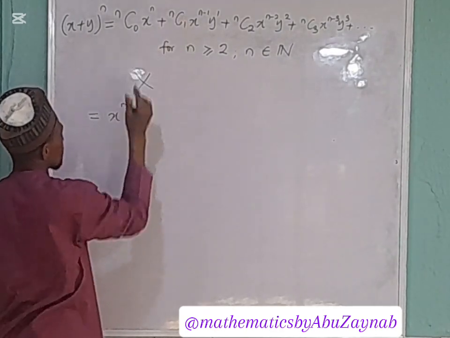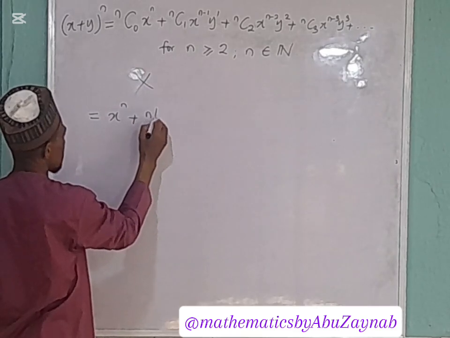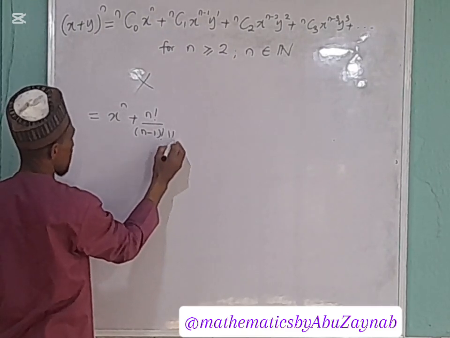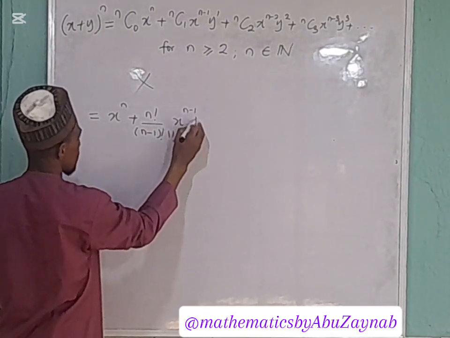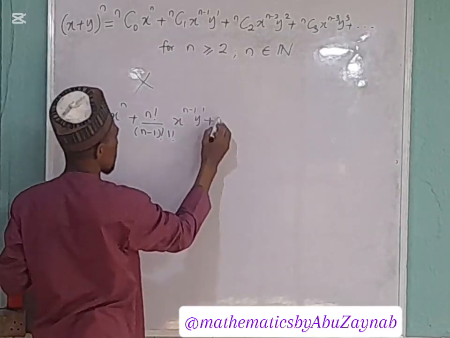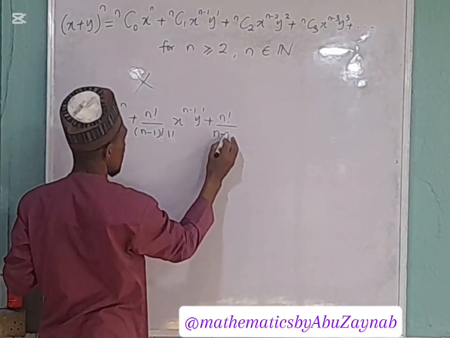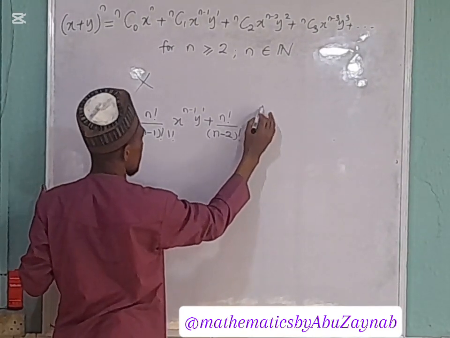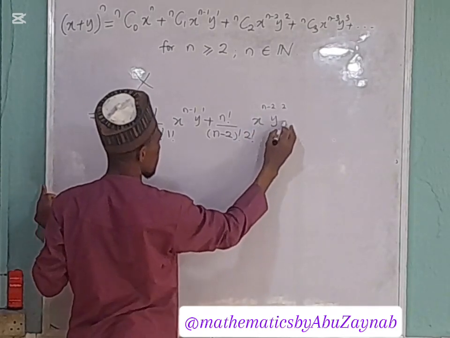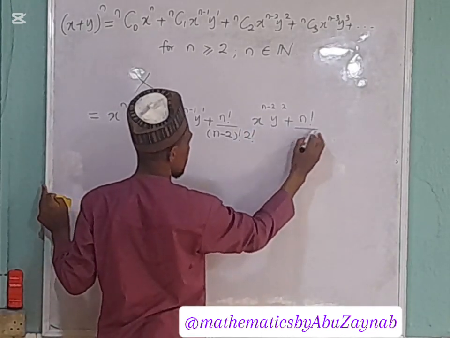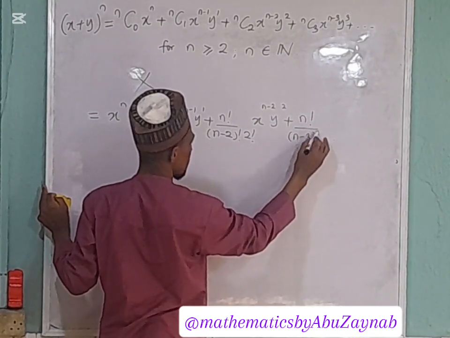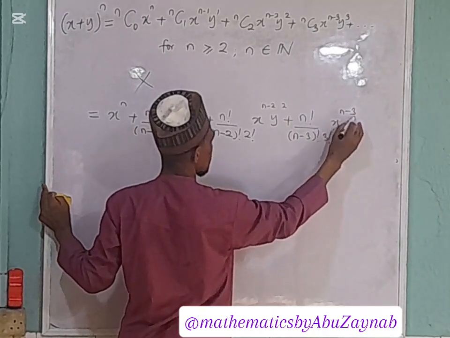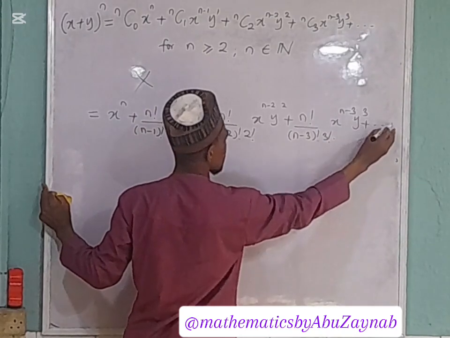Plus, so I'm simplifying this particular formula now. nC1 is n factorial over (n-1) factorial 1 factorial, x^(n-1) y^1. Then the other one, n factorial over (n-2) factorial 2 factorial, x^(n-2) y squared. Then plus n factorial over this time around (n-3) factorial 3 factorial, x to the power of n-3, y^3, plus and so on as well.